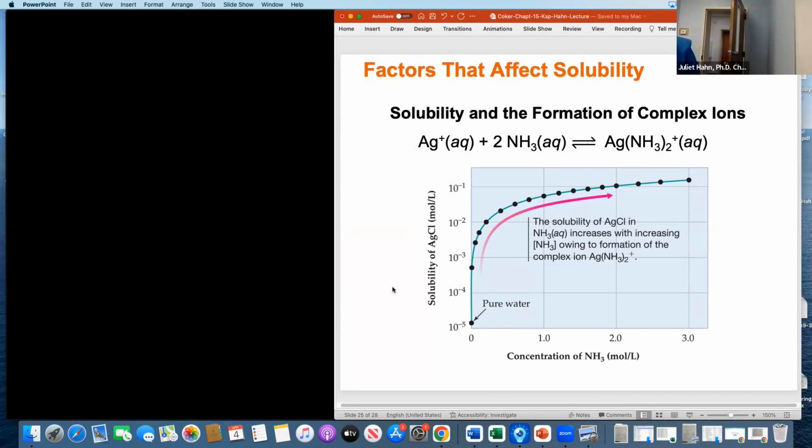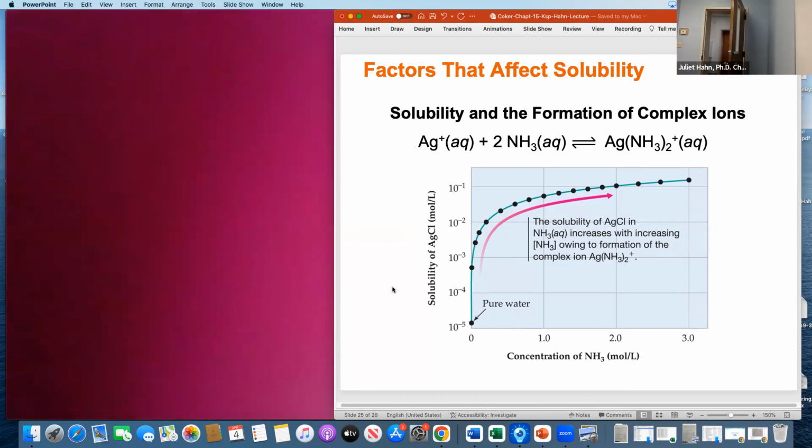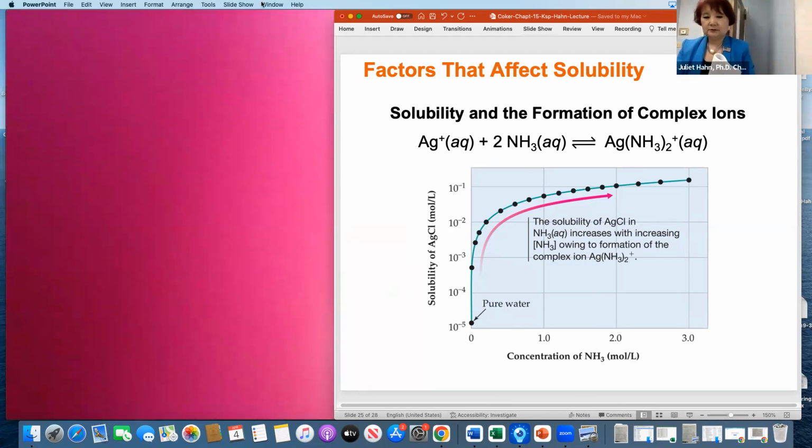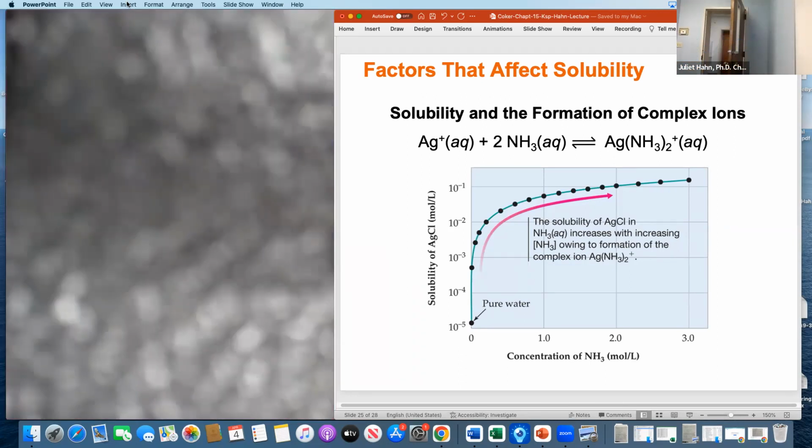Anybody else need a calculator? I still have one more calculator left that I can let you borrow. I don't think there are any typos, but you never know. Okay. So here, let's see. My mouse is... Okay. So here.